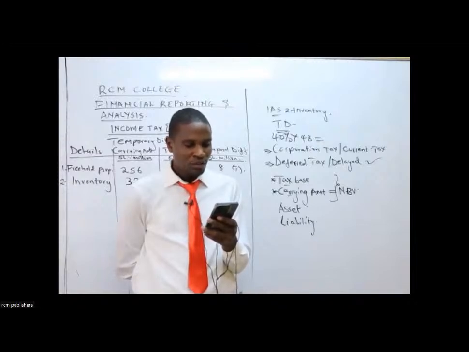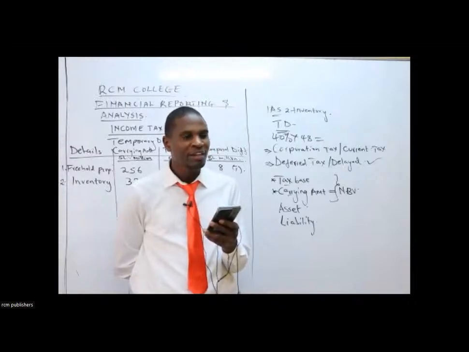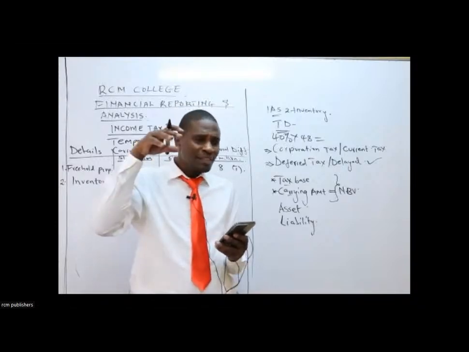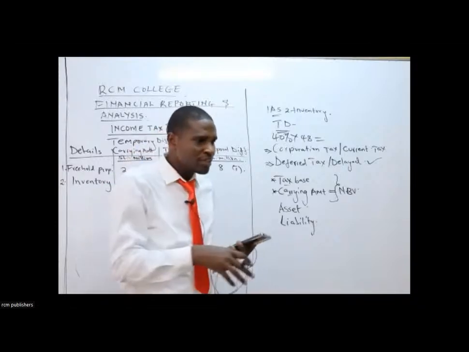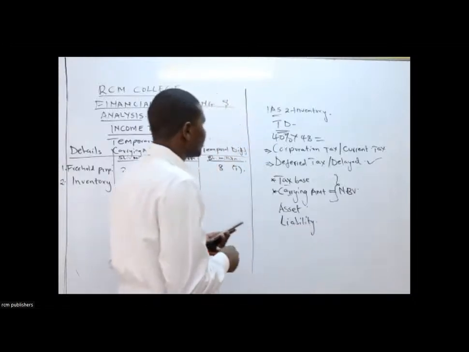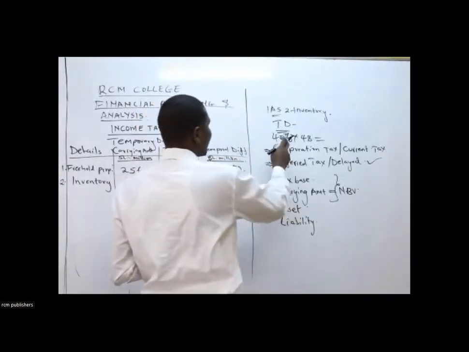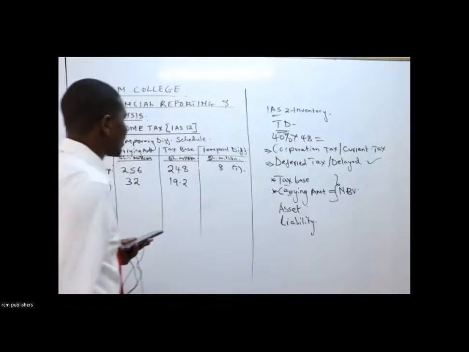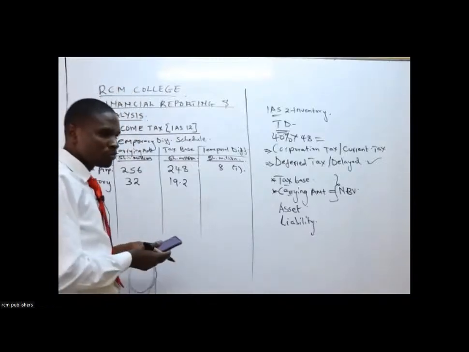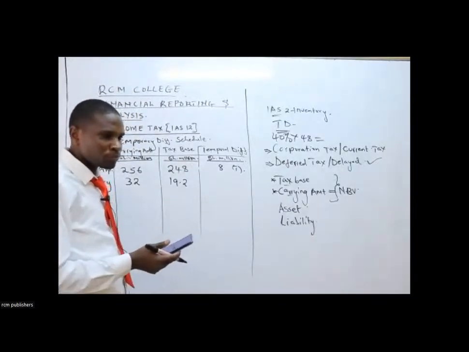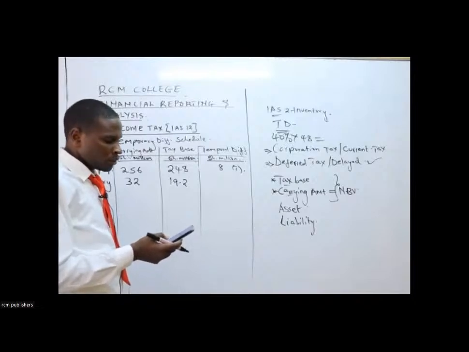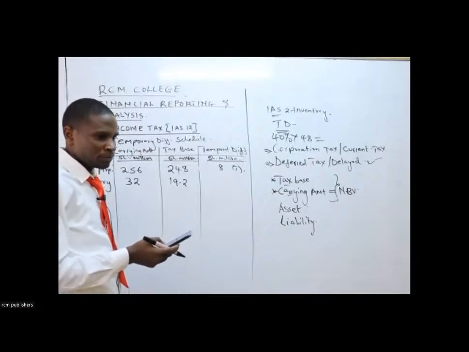So 40% of these goods were held in the inventory. So as at that date, the inventory that we actually have will be the difference.